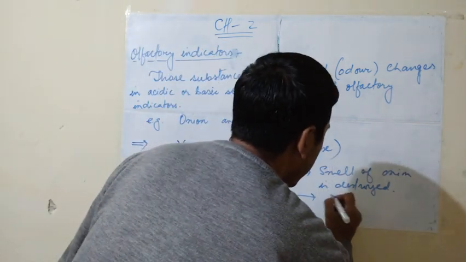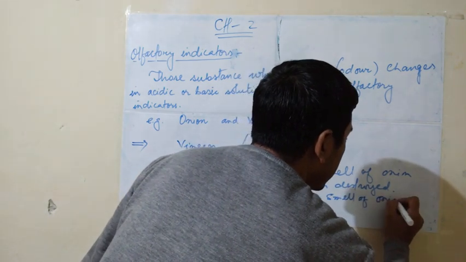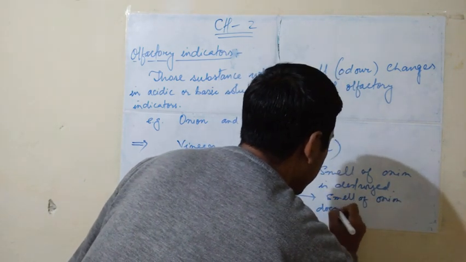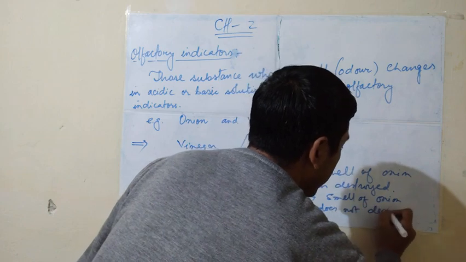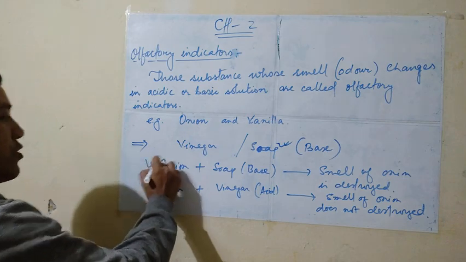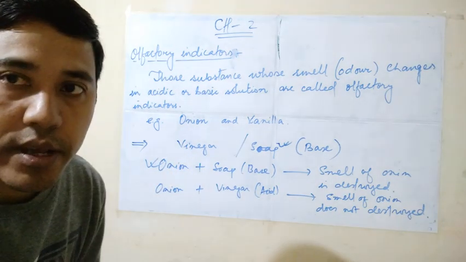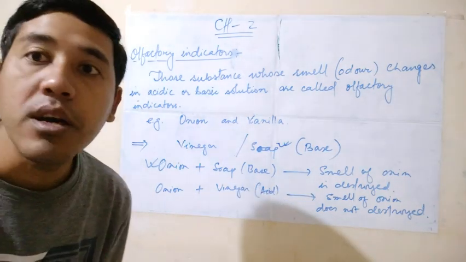The smell of onion does not get destroyed. This means it can be retained. That's why we prefer to use the dishwash soap solution to wash our hands, to destroy the smells of the onion.